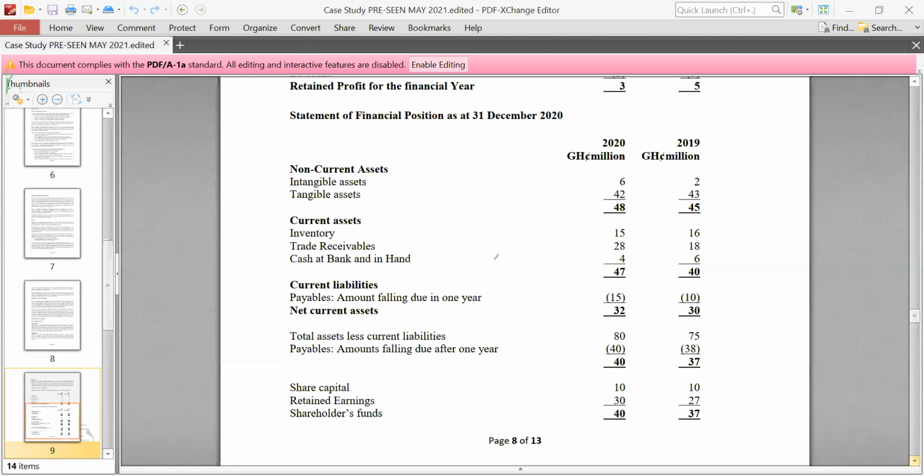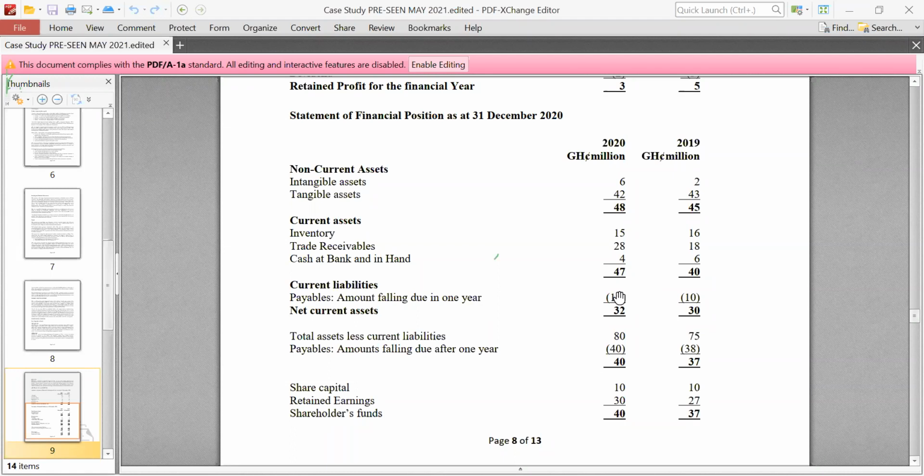Now you have your payables, and your payables are also increasing.